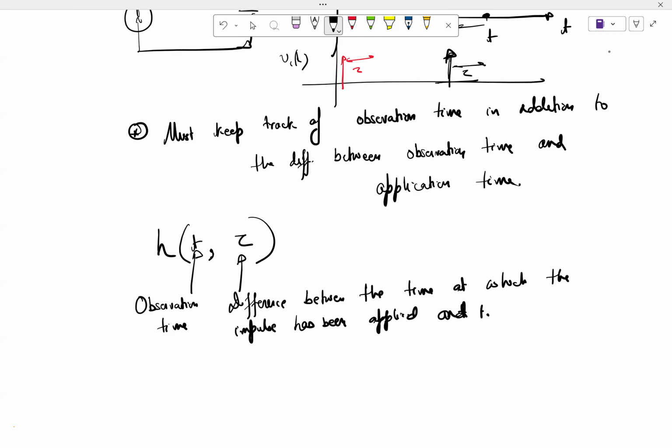So basically the impulse has been applied at time t minus tau.